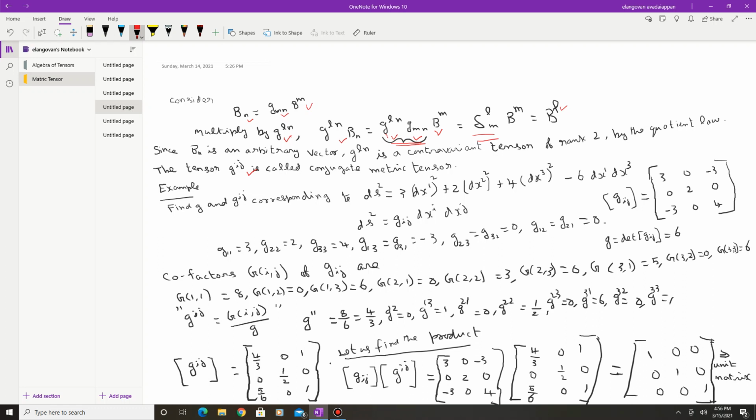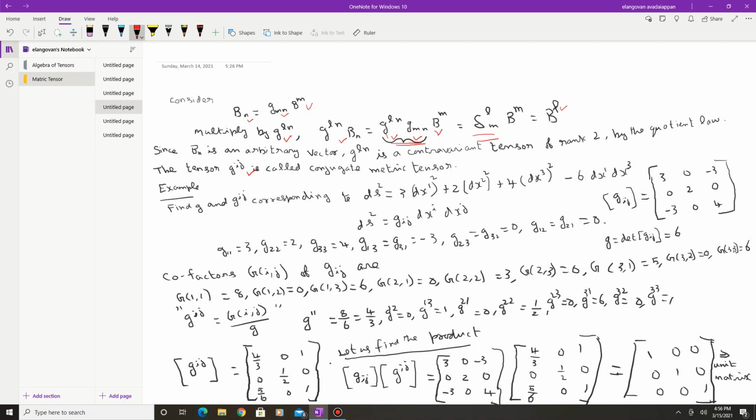That is the quotient law. Therefore g^ln must be a tensor. So in general, g^ij is called the conjugate metric tensor.